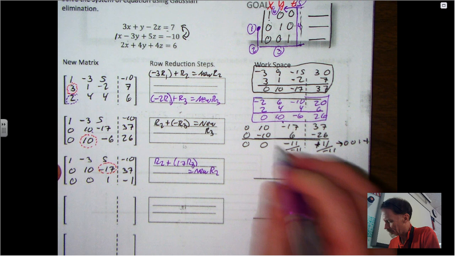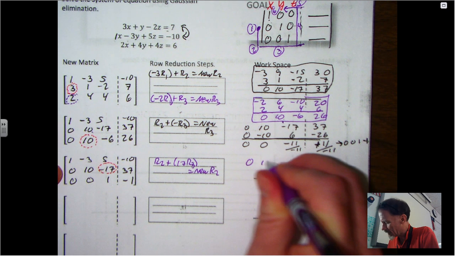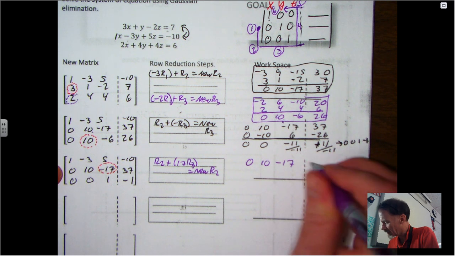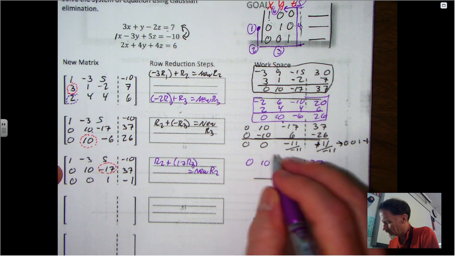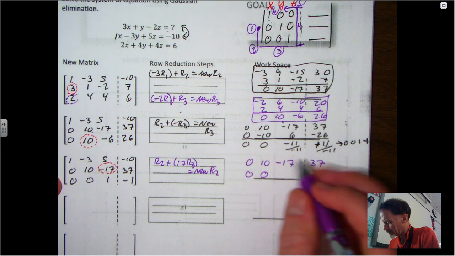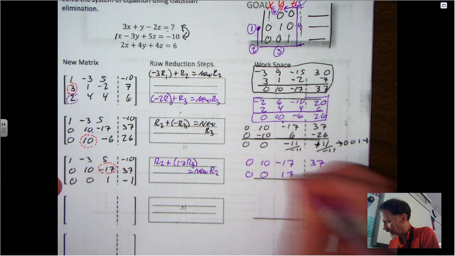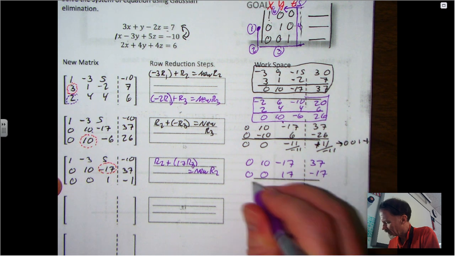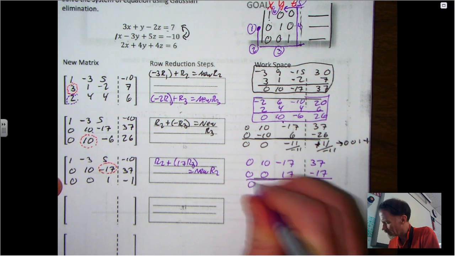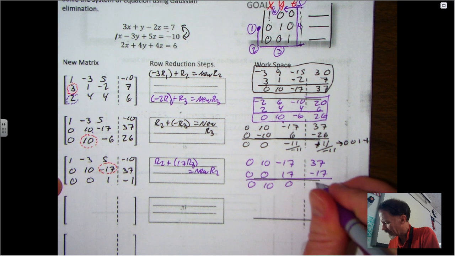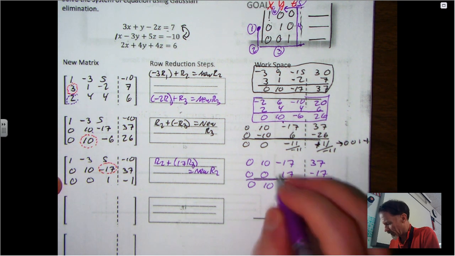Okay, so let's write that out. So 0, 10, negative 17, and 37, and then 0, 0, 17, and negative 17. And look what happens here. So we got 0, 10, 0, and 20. Guess what?